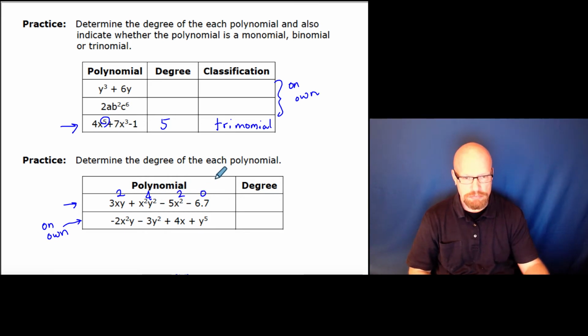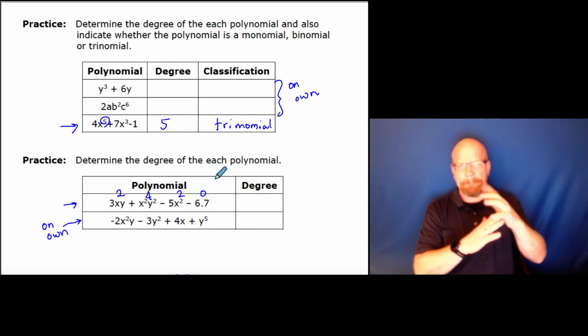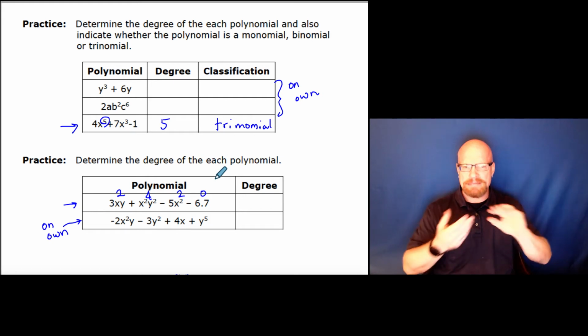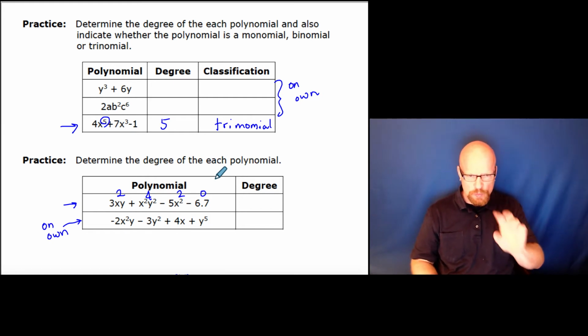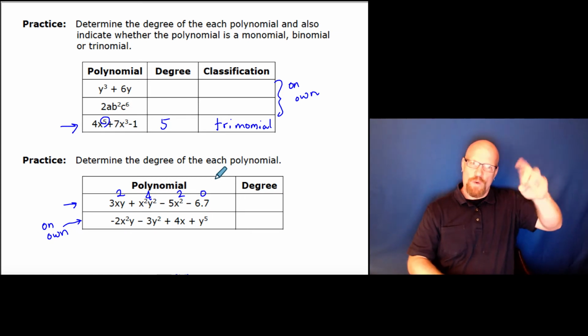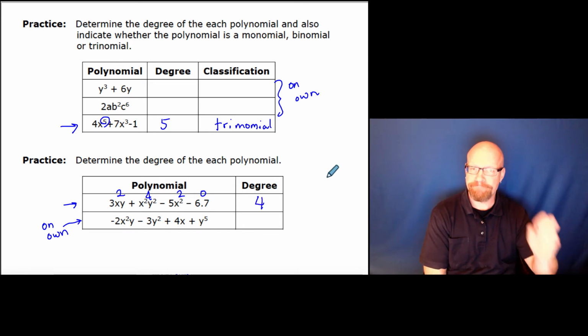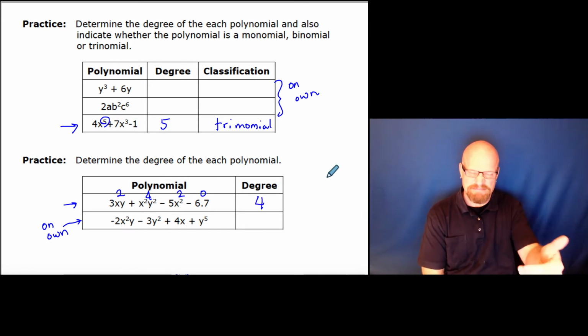That's second degree term and the 0 degree term. Now we look at these and which term has the highest degree? 2, 4, 2, 0. So 4, fourth degree. This is a fourth degree polynomial. Okay? Now let's proceed.